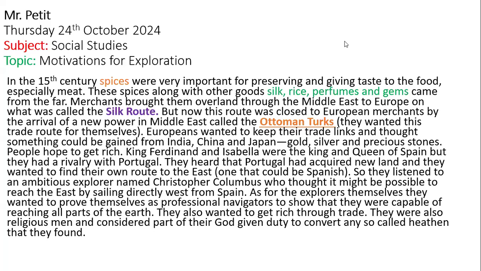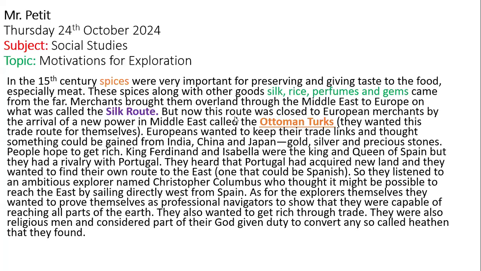In the 15th century, spices were very important for preserving and giving taste to food, especially meat. These spices, along with other goods like silk, rice, perfumes, and gems, came from the Far East. Merchants brought them overland through the Middle East to Europe on the way called the Silk Route.